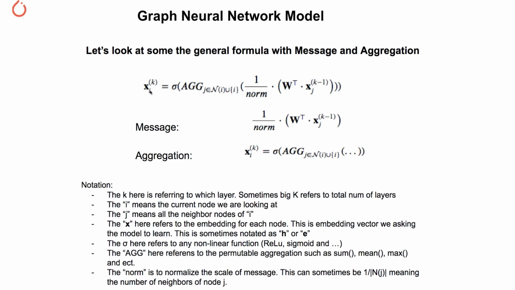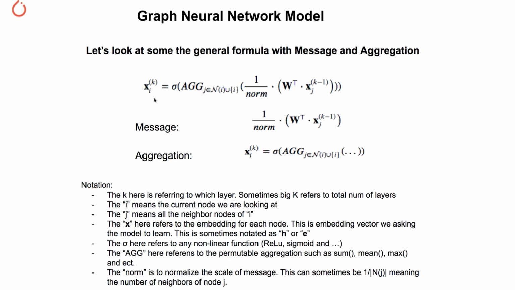This is similar to the PageRank idea, the reverse PageRank idea I guess, where if node i is only a small part of whoever node j is communicating with, then it should only get a small share, a small weight, of that message.